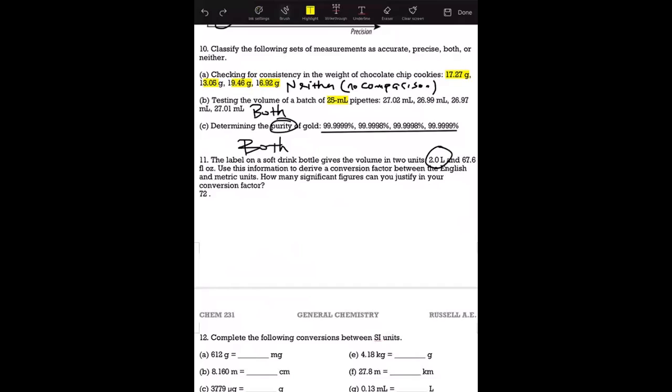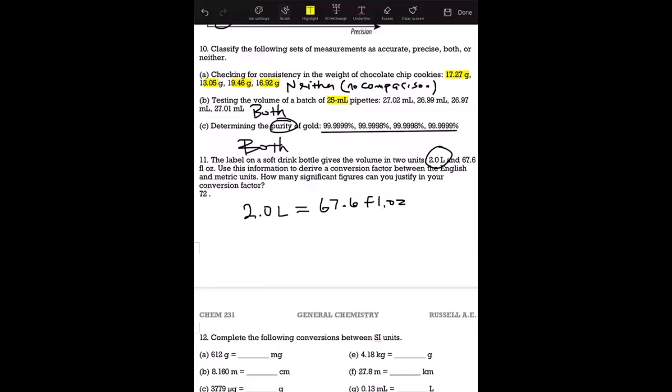Great. Okay, so here's the question. We have 2 units and they're equivalent. So when it says the soft drink bottle has the volume in 2 units, if it has 2.0 liters and 67.6 fluid ounces, that means that those numbers are equivalent, right?